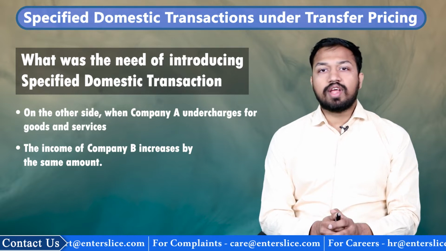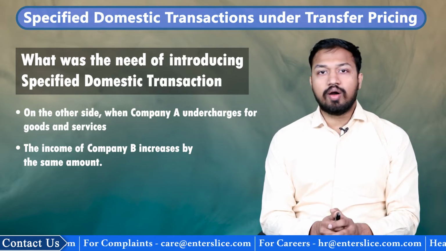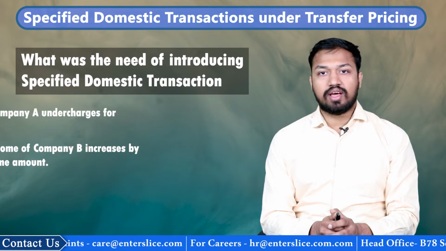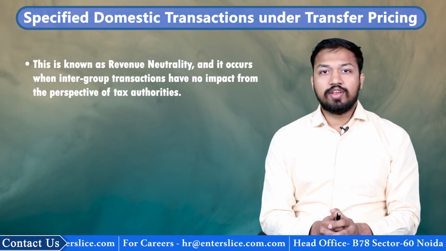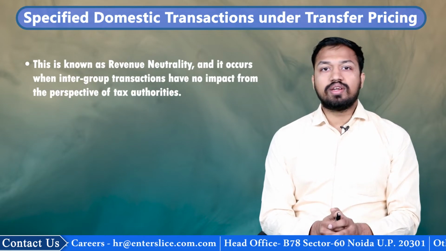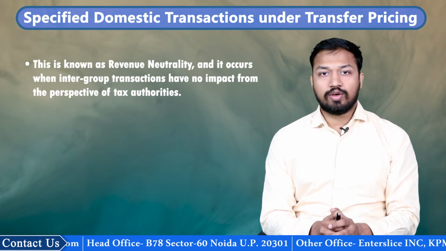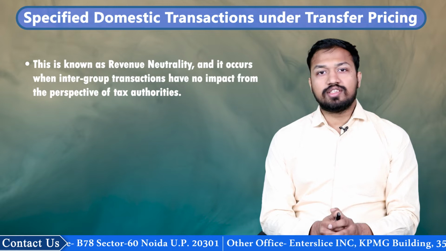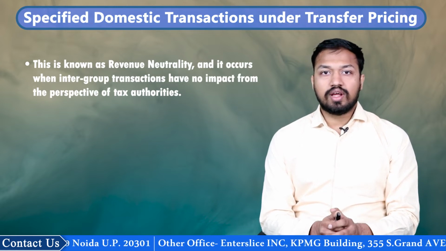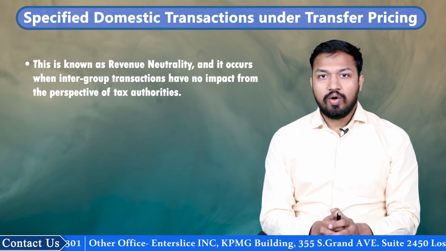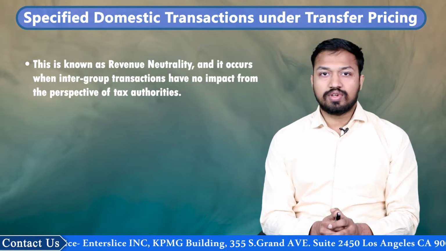From the perspective of tax authorities, it receives the same amount of tax regardless of who pays the tax. This is known as revenue neutrality, and it occurs when intergroup transactions have no impact from the perspective of tax authorities. But the tax implications change if one of the parties to the transaction is either losing money or is required to pay taxes at a reduced rate.